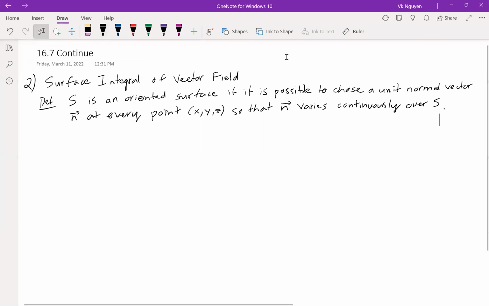So here comes one definition. Well, we have another definition here.